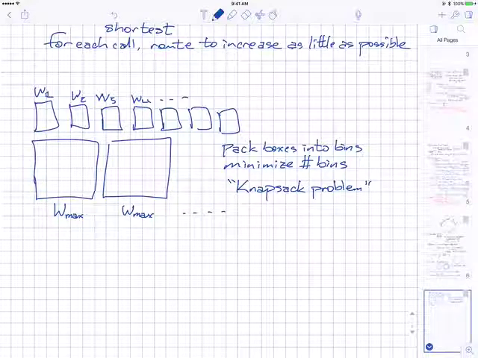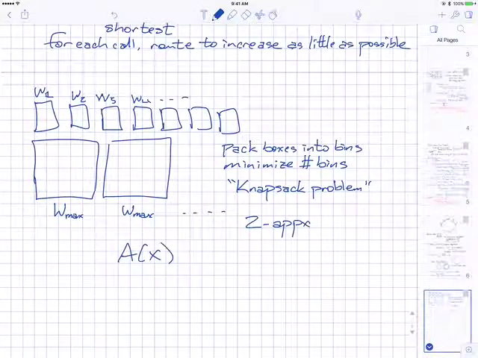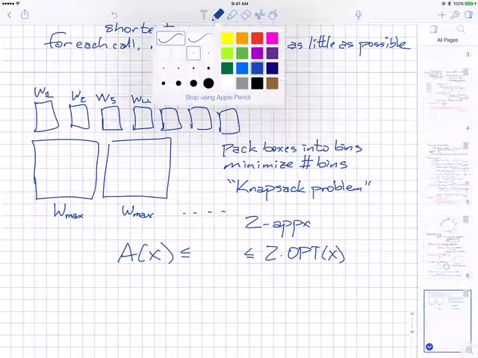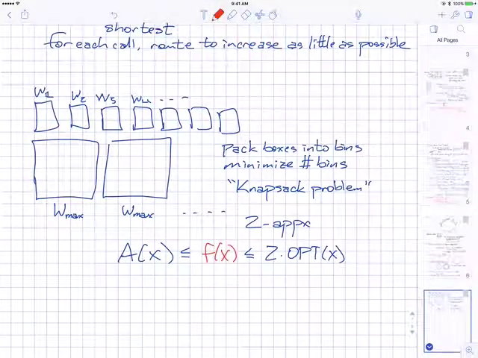So, in fact, now I want to find a two approximation algorithm. So again, I have the packing computed by my algorithm, and I want it to be at most twice the optimum packing, and I need to find some function of the input that I can squeeze in between. So are there any things that I could say opt is bigger than?